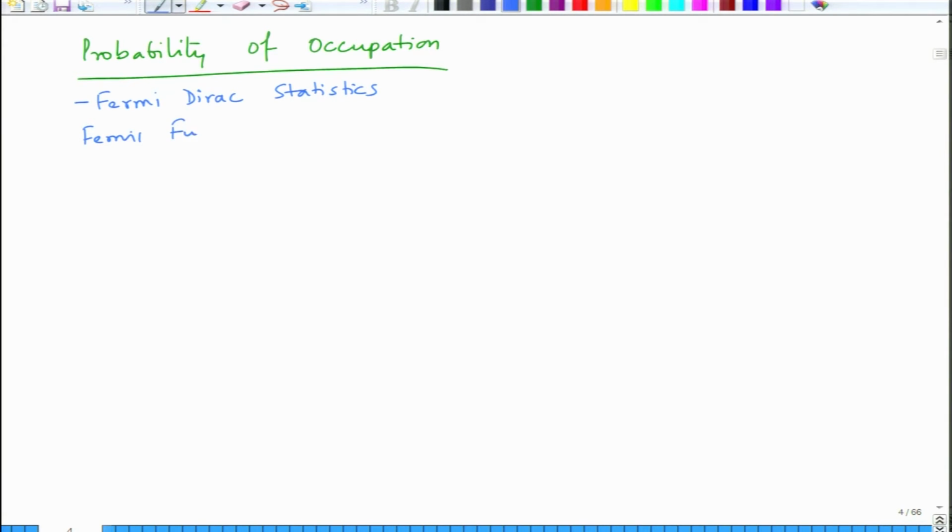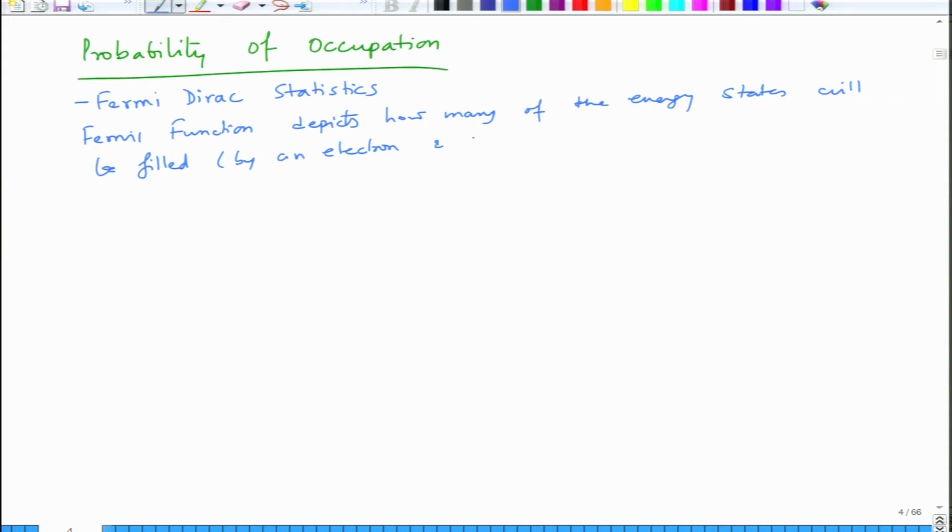The Fermi function depicts how many of the energy states will be filled by an electron, or in the case of the valence band we can call it a hole.